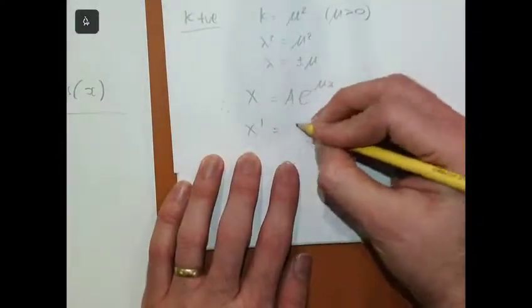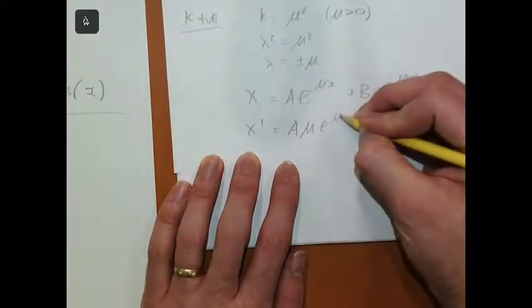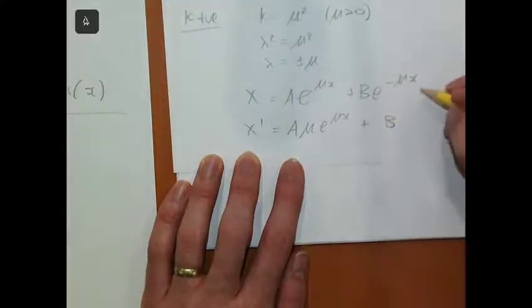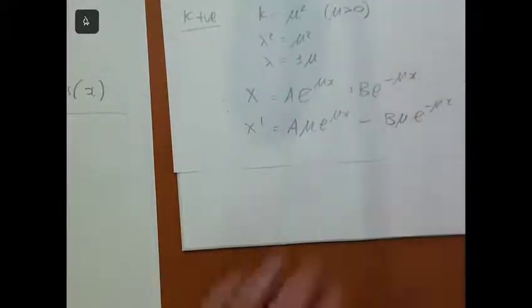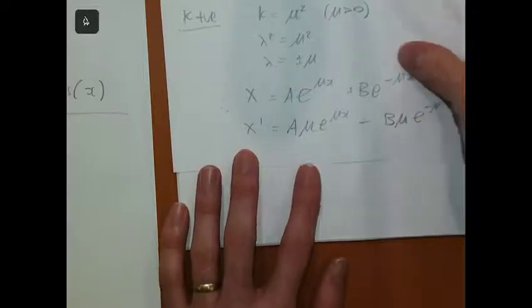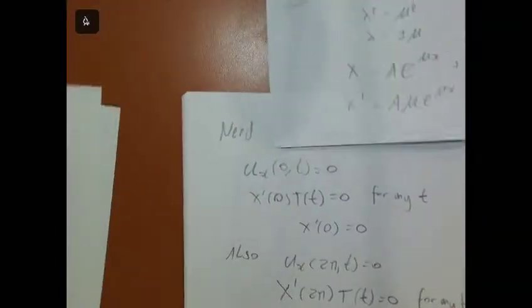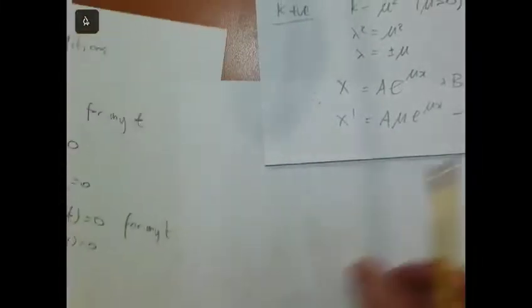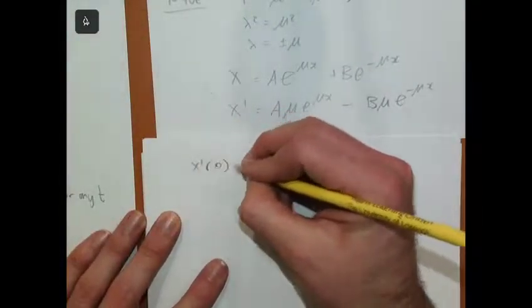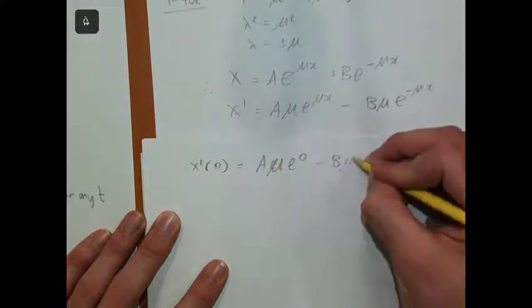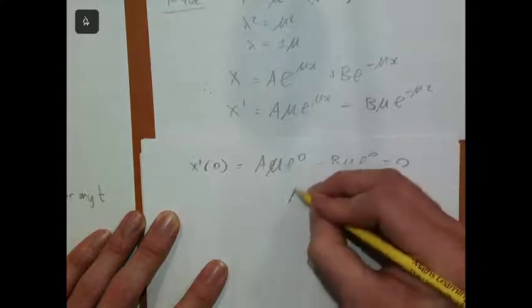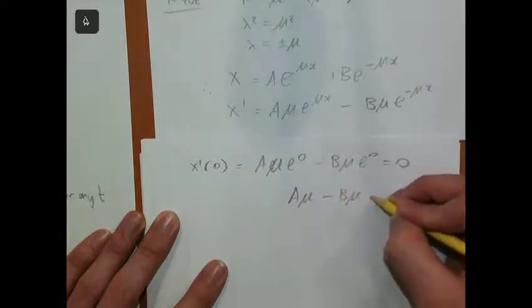And my initial conditions involve X dashed, so I'm going to do that. So the b will still be there, e to the minus mu x, but I'll times by the minus mu. So that's my derivative. And my initial conditions say that X dashed of 0, which is a mu e to the 0 minus b mu e to the 0, is supposed to be 0, so a mu minus b mu is 0.